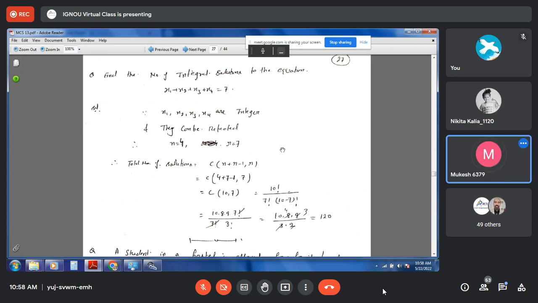In the question, it is not mentioned that the values can be repeated. So, do we need to assume that every time? When it is repeated, we don't assume.